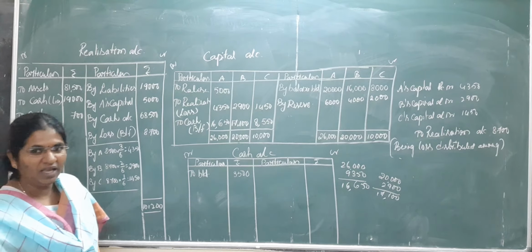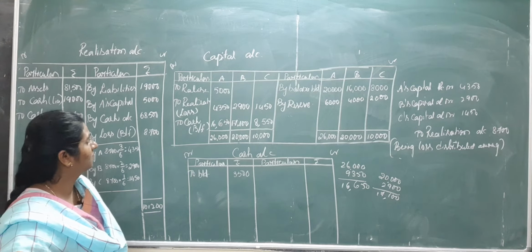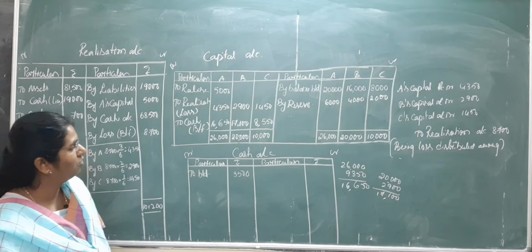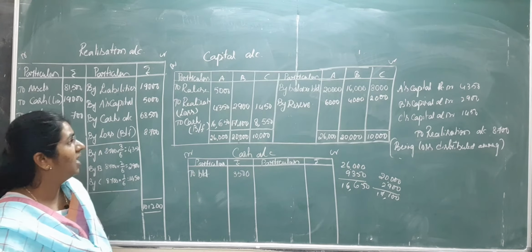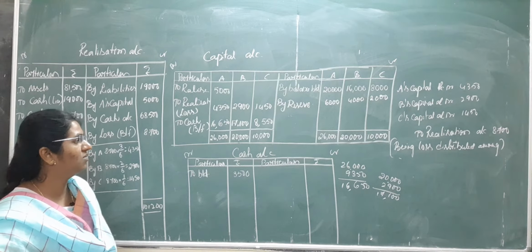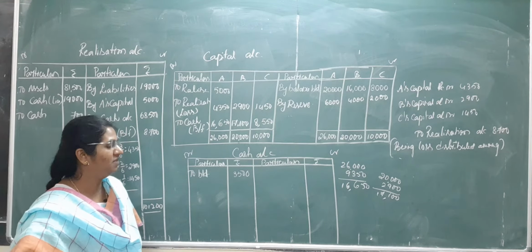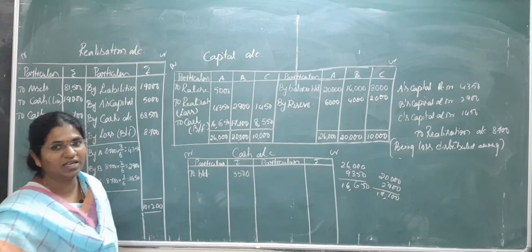So A has to pay 16,650, B has to pay 17,100 and C has to pay by way of cash 8,550.